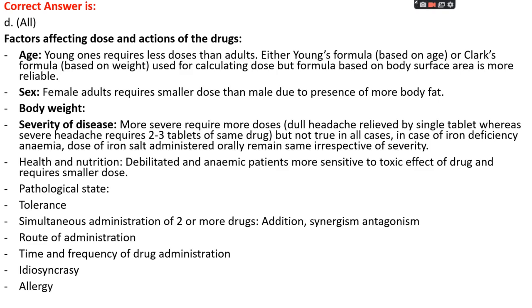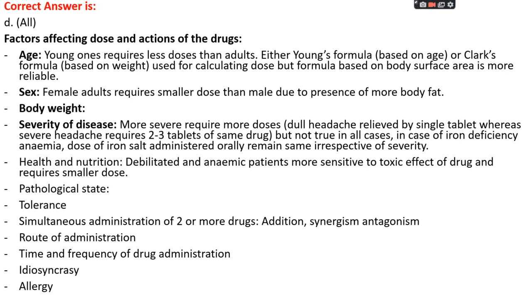Okay. Similarly, health and nutrition status: debilitated and anemic patients are more sensitive to the toxic effect of the drugs and require a smaller dose as compared to a healthy animal. Pathological state: certain organs which are responsible for metabolism and excretion of drugs, like liver and kidney, when they are hampered, such patients require a smaller dose of drugs as compared to a healthy one.